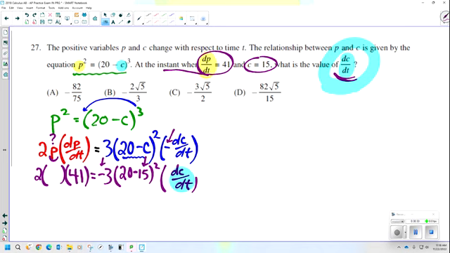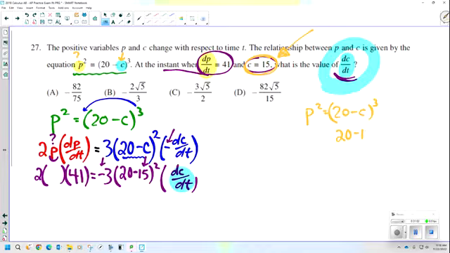I cannot have 2 unknowns. So what we're going to do is take our C value and plug it into our original equation, and solve for P. So let's go up to the side here. I got P squared equals 20 minus C all cubed. Well, C is 15.